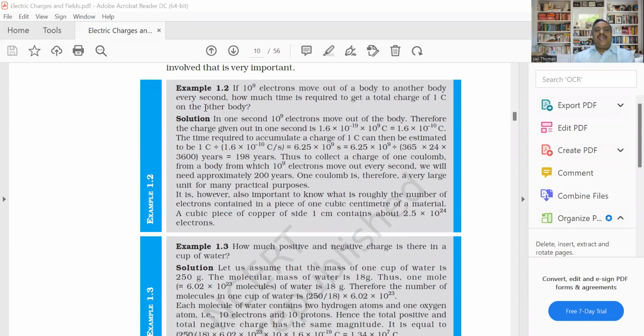If 10 raised to 9 electrons move out to another body every second, how much time is required to get a total charge of 1 coulomb? Okay. So read the question. It is given 10 raised to 9 electrons move out of a body to another body every second. So you remember how many electrons move out of the body? 10 raised to 9 electrons move out of the body to another body every second. In 1 second, 10 raised to 9 electrons are moving out.